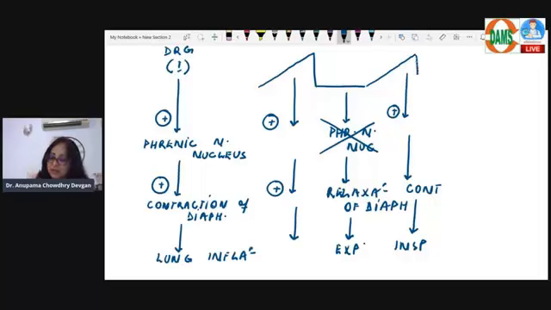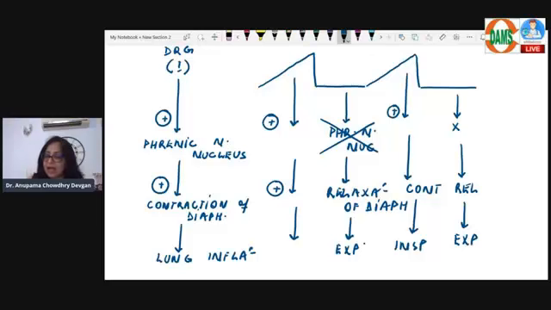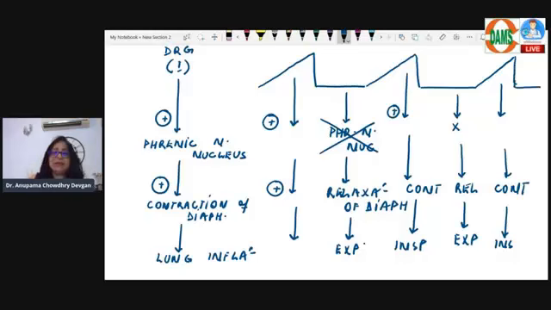Then once tidal inspiration is complete, the DRG stops firing again, with no impulses to the phrenic nerve nucleus. There is a relaxation of the diaphragm and expiration. Again, once the expiration is complete, the firing rate of the DRG neurons increases, phrenic nerve nucleus, contraction of diaphragm, inspiration. Right? This is how the signals come from DRG during a tidal respiration.